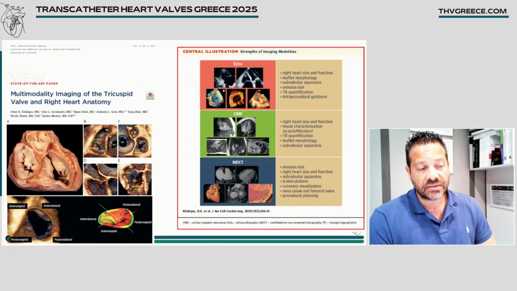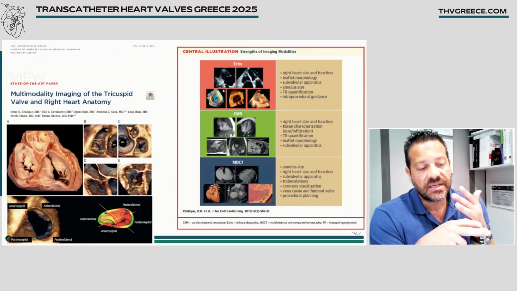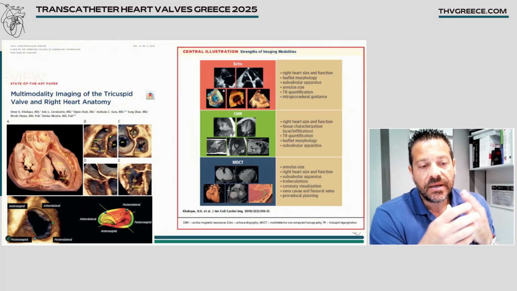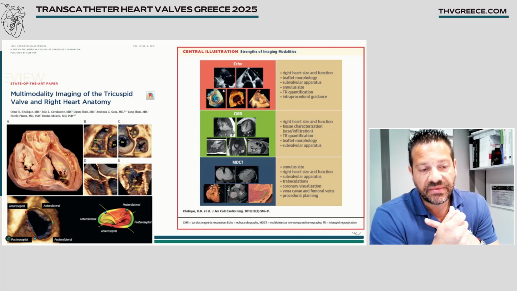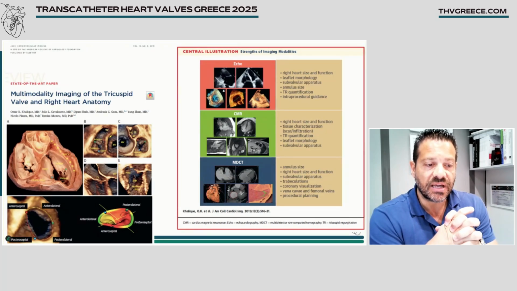When we evaluate this valve, we need to use all the available modalities, not only echo. Echo, of course, has the first priority, because it can give us an evaluation of the severity of TR, the anatomy of the leaflets, the annulus size, the size and the function of the right ventricle, and the size of the right atrium.